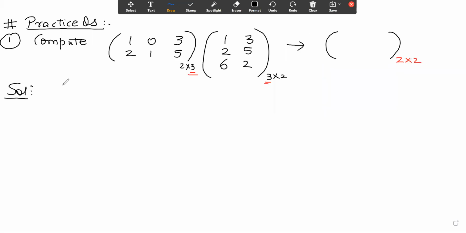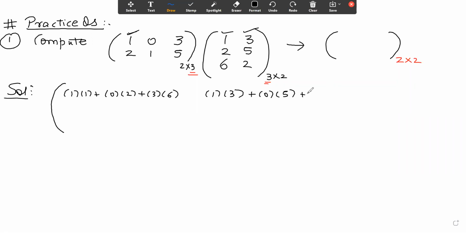Now how will I find that matrix? 1 into 1 plus 0 into 2 plus 3 into 6, that gives me the first element. Then 1 into 3 plus 0 into 5 plus 3 into 2 gives me the second element.